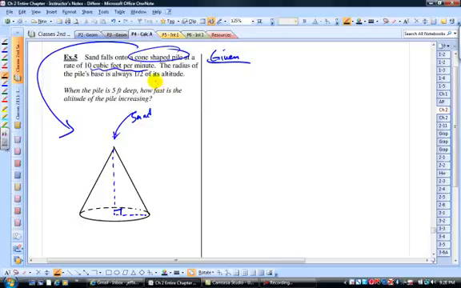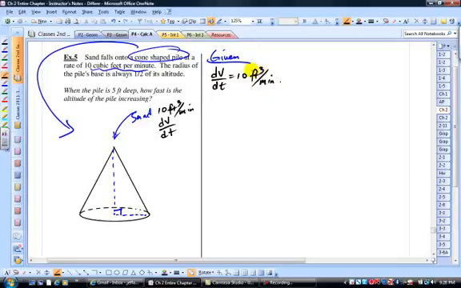So when it's coming in at 10 cubic feet, that's feet cubed per minute, that actually represents a volume over time. So we can represent that as dV/dt. I'm given that the change in volume over time is 10 cubic feet per minute. And it's coming into the cone like that, so it's a positive value.